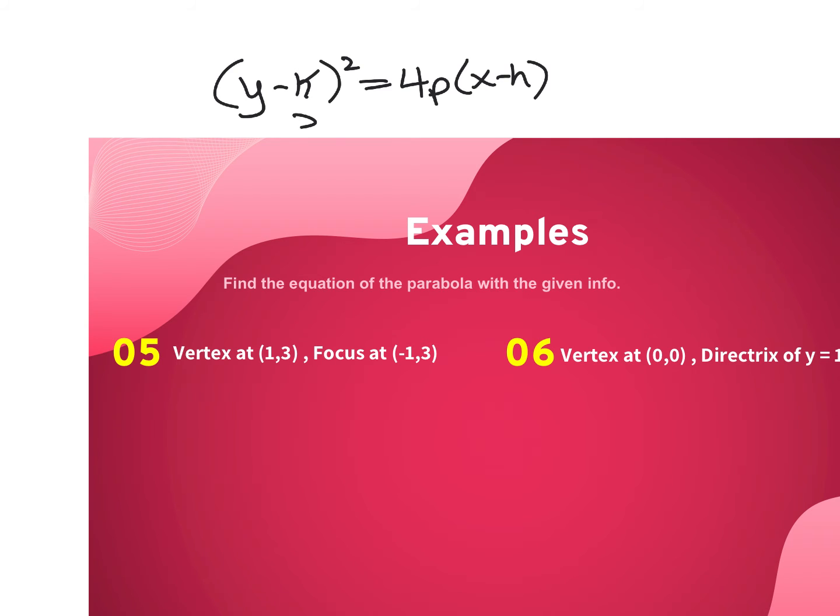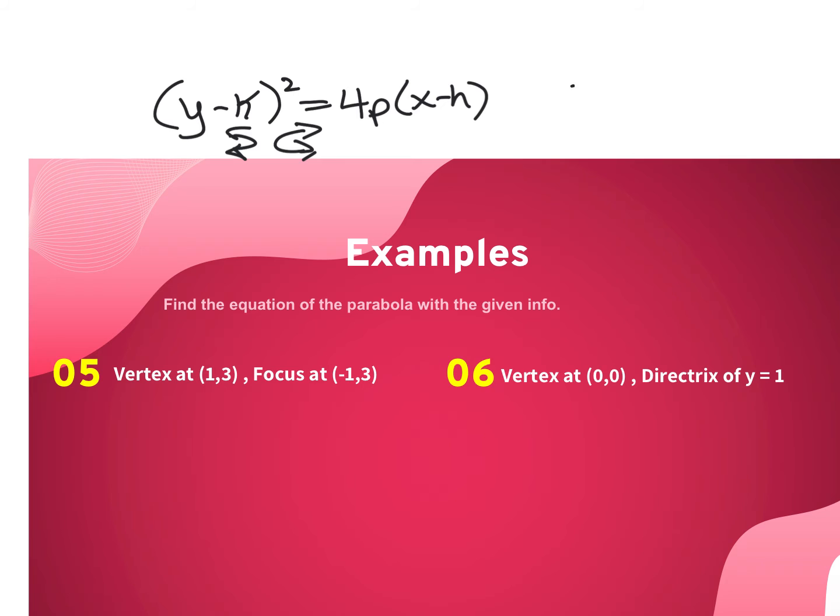Remember, this is the backward c and the forward c. And then the other one is x minus h squared equals 4p y minus k.